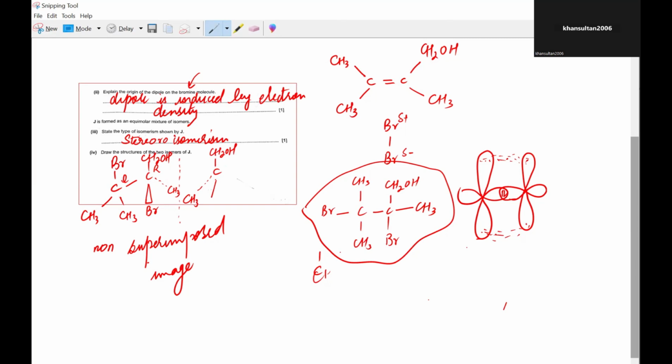Br would come at this place, and there would be the carbon like this. Br would be at the top, and at the bottom there would be CH3 like this, and CH3 like this. Is that clear, Sultan? Yeah. So the right-hand side has gone to the left-hand side when they are placed in front of the mirror, okay?